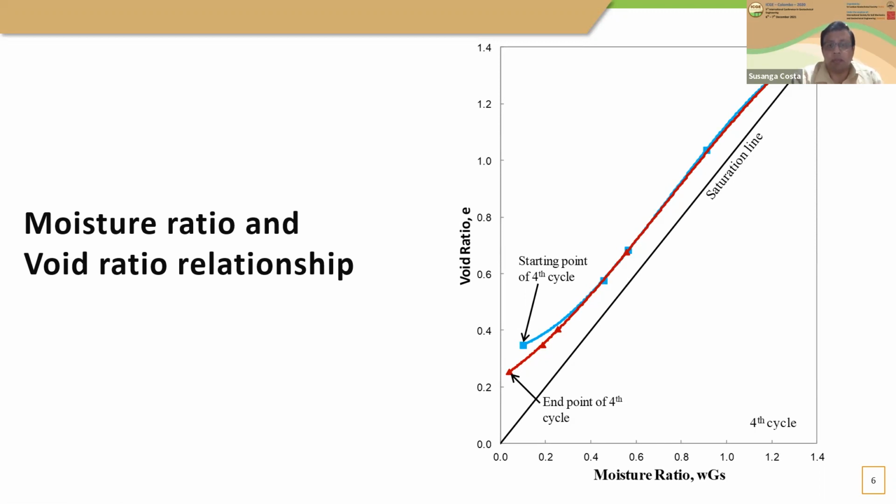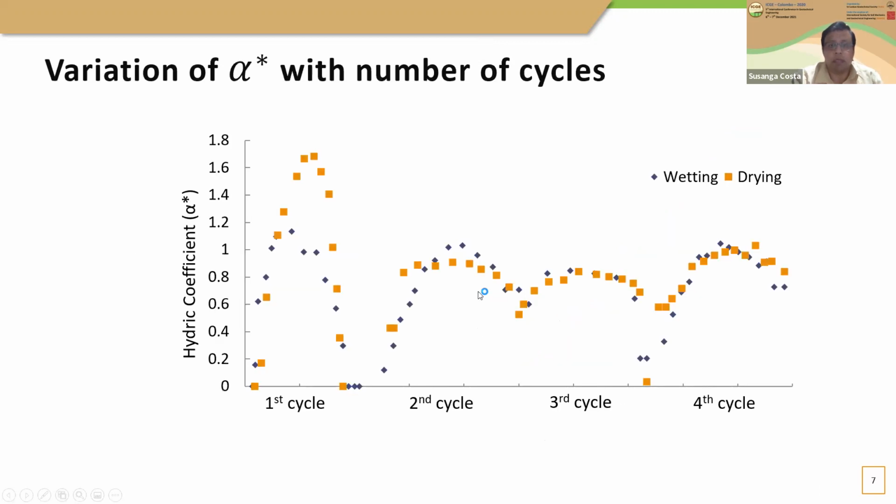So what happens to the hydric coefficient during these cycles? Here is the relationship of hydric coefficient alpha star with the number of cycles. You can see that alpha star shows similar behavior in all swell-shrink cycles, although there is a little variation in the first cycle in comparison to the other cycles.